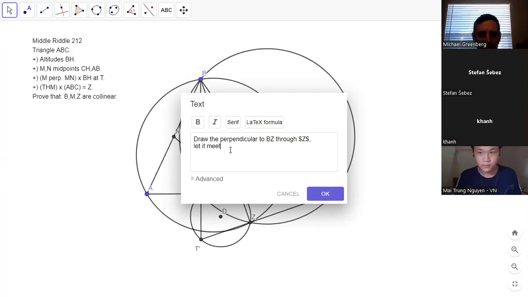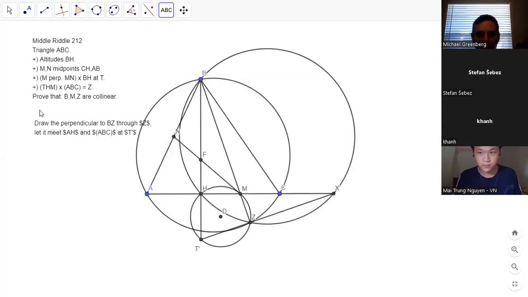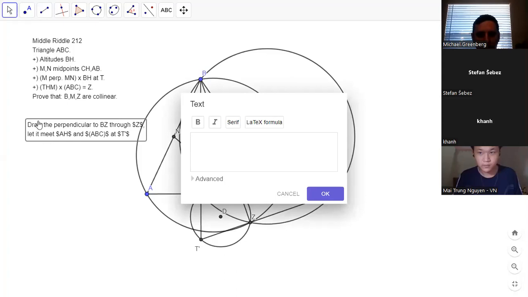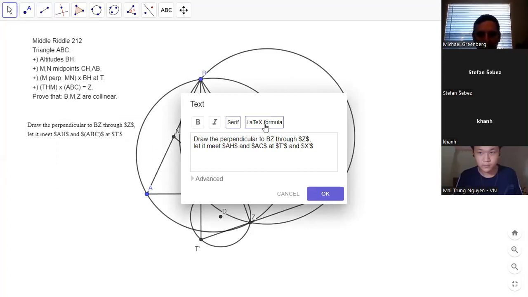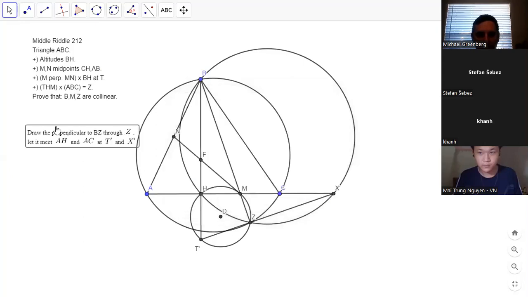let it meet AH and T prime and X prime. And then BHCX is cyclic.